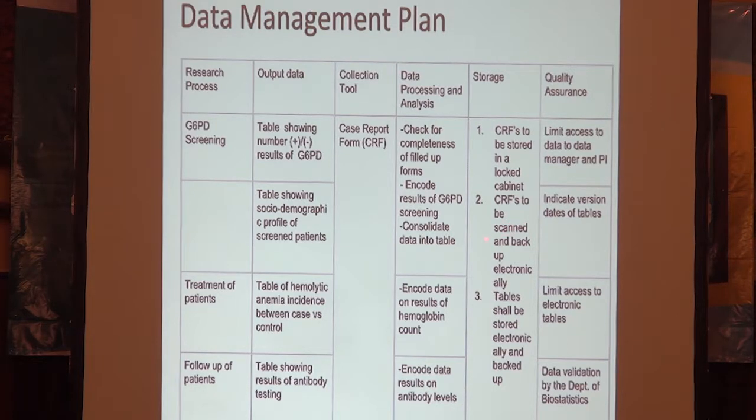CRFs filled up shall be scanned and backed up electronically. Tables shall be stored electronically and backed up. And quality assurance here is limited access, or I think some of these are also ethical considerations. And we need to indicate version dates of tables for the electronic copies. And there has to be limited access to the electronic tables.